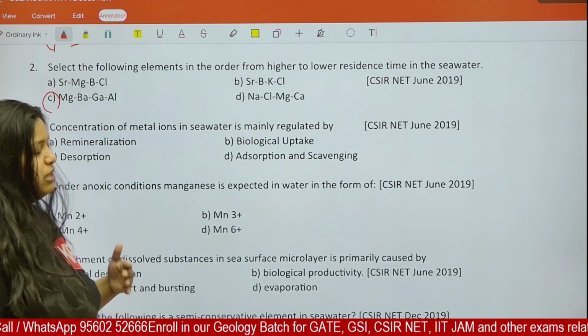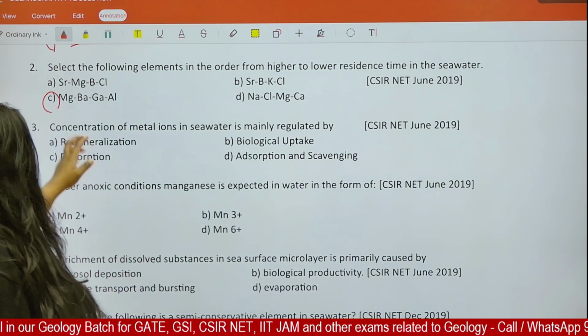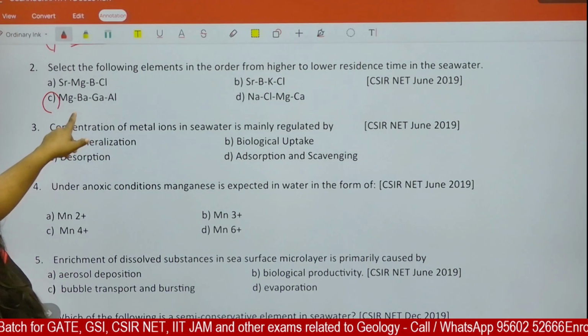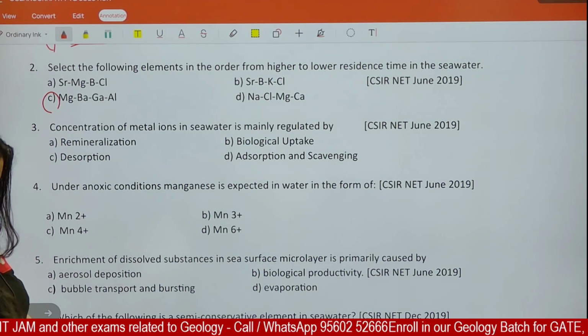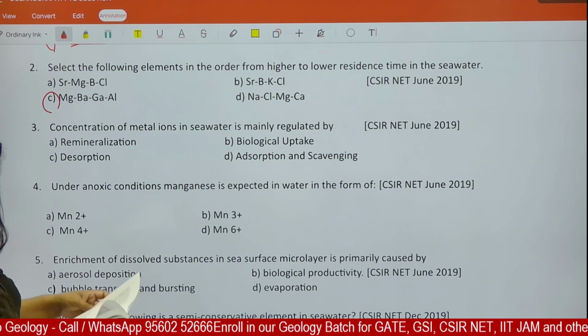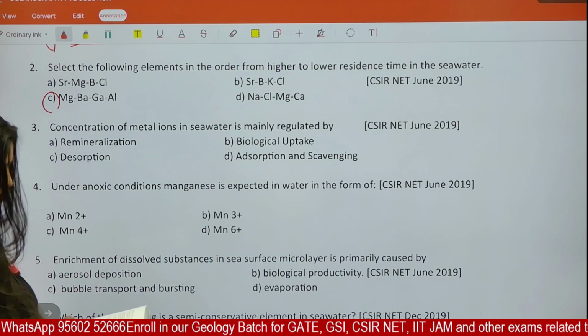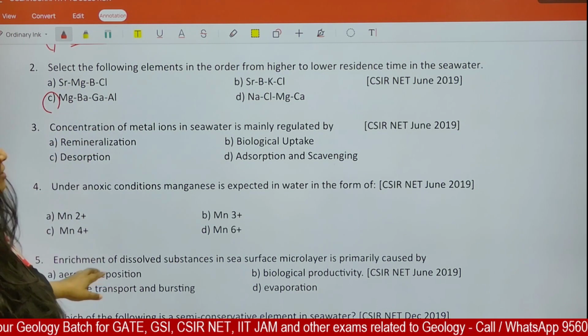So understand the residence time by heart. The answer over here will be magnesium, barium, helium, aluminium. This will be the option, so you can write it down. You have to memorize this residence time actually.